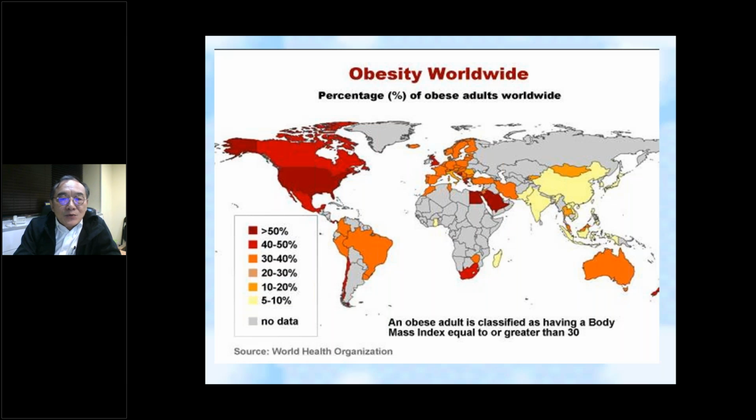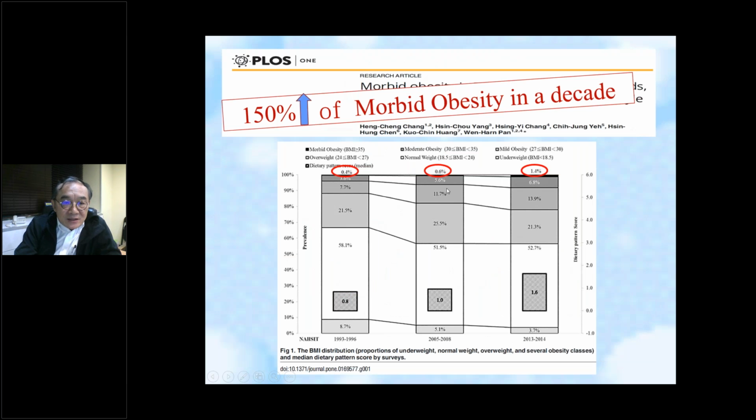It's a weight-reducing surgery treatment for obesity. We all know the highest prevalence is in the United States. Asia is always not so severely obese as Western countries, so the color is only light yellow in this region, except Australia. Although the incidence is increasing in Asia, this is a statistic we did in Taiwan in the past 20 years.